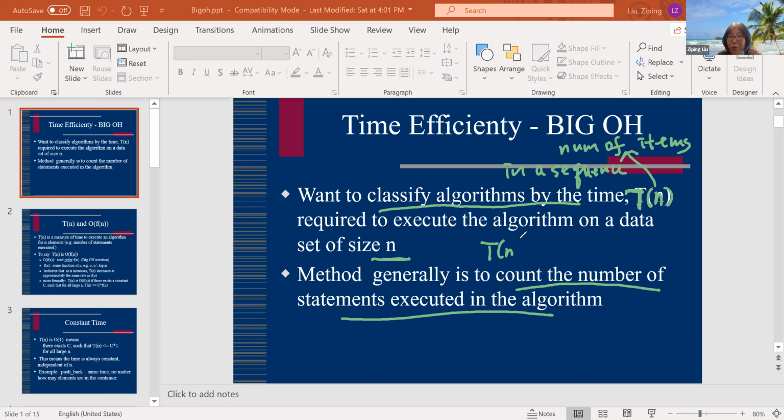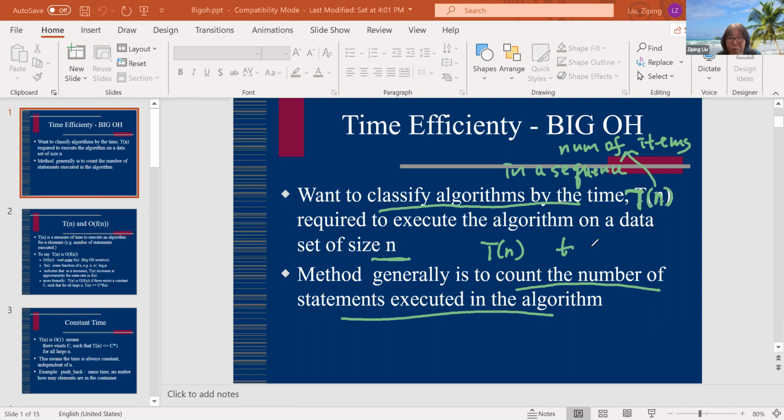The T(n) is going to be used to represent the number of statements. It's not that you count your program's length, no. It's counting the number of times the statements are going to be executed when your program is running. And we just use that as a measure for the time.